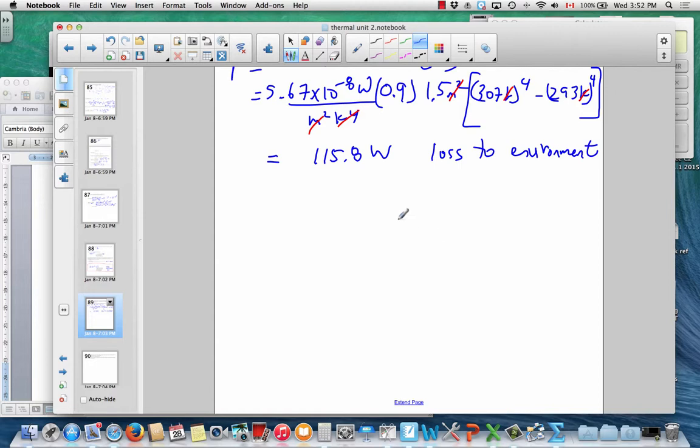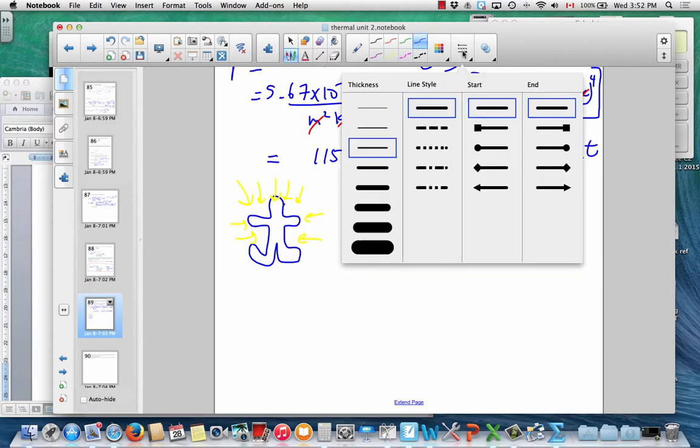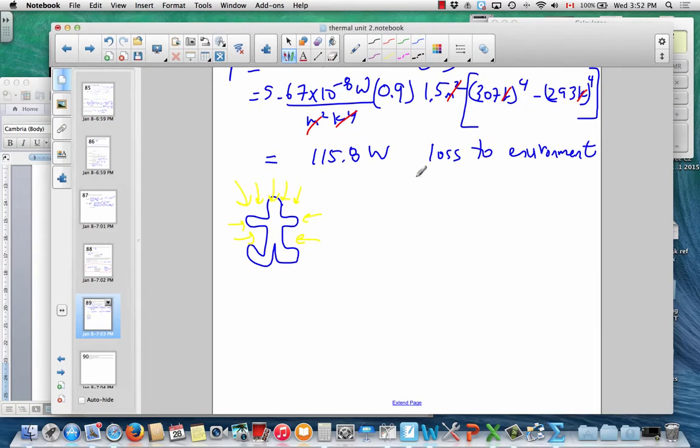Now, if the student happens to be in the sun, then they're going to be absorbing energy from the sun. And as we'll see shortly, the solar intensity is about 1,000 watts per square meter.